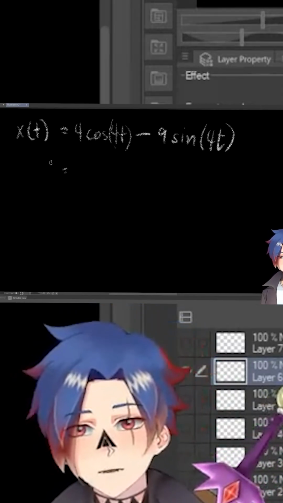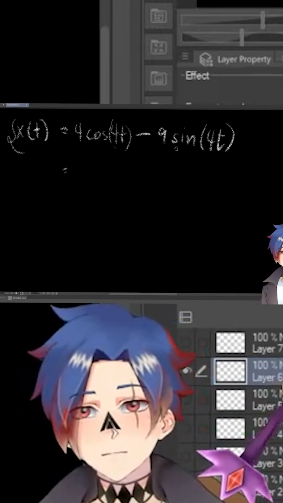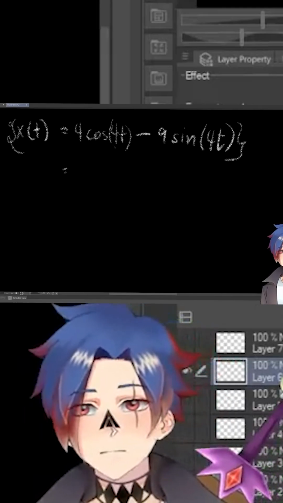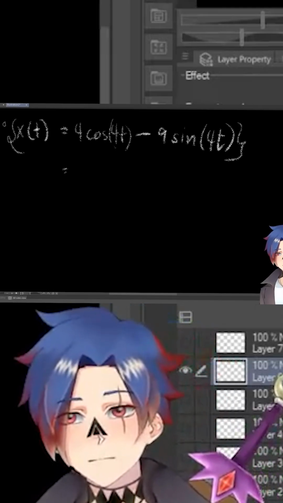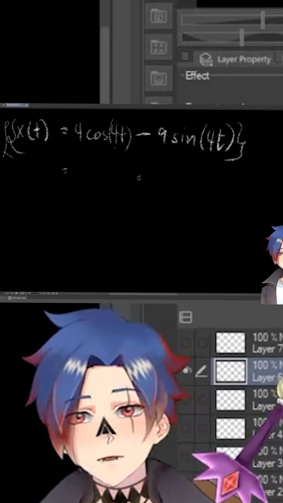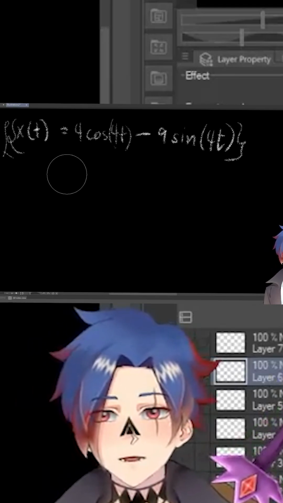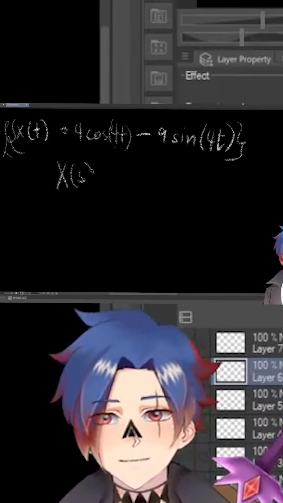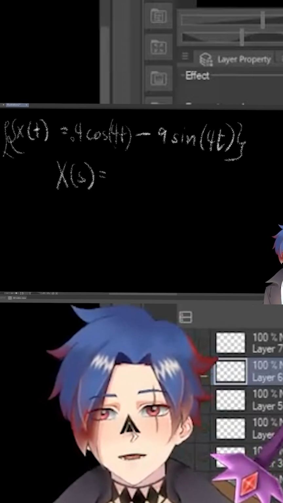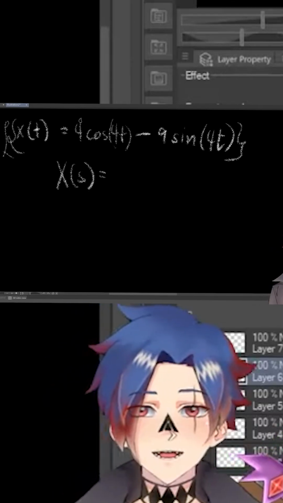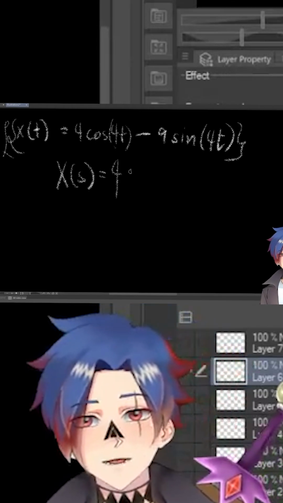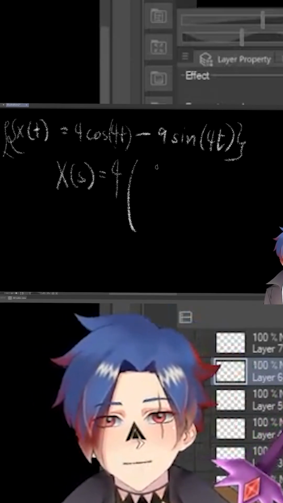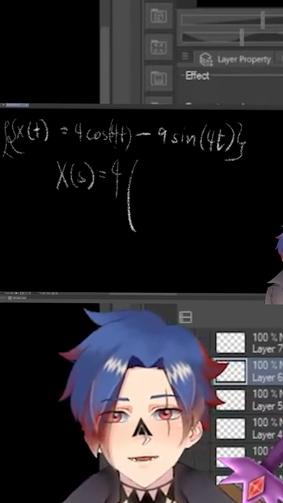So for conversion, I'm just going to write the Laplace transform symbol for formality. So it's going to be x of s. This is a numerical coefficient that is a constant, so we could just set it aside and focus on the rest.